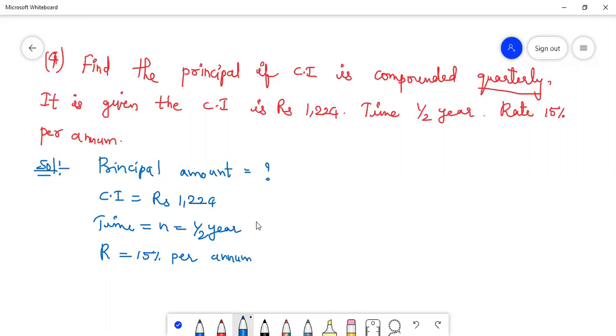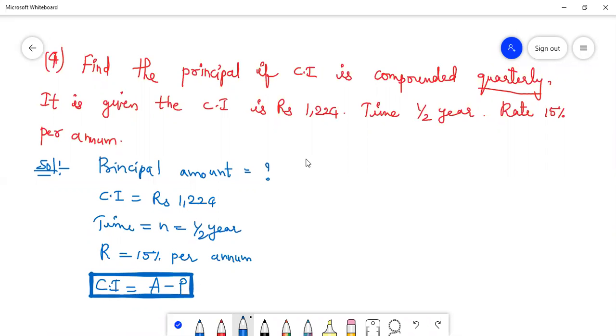And the formula of the compound interest is: compound interest is equal to amount compounded quarterly minus principal amount.